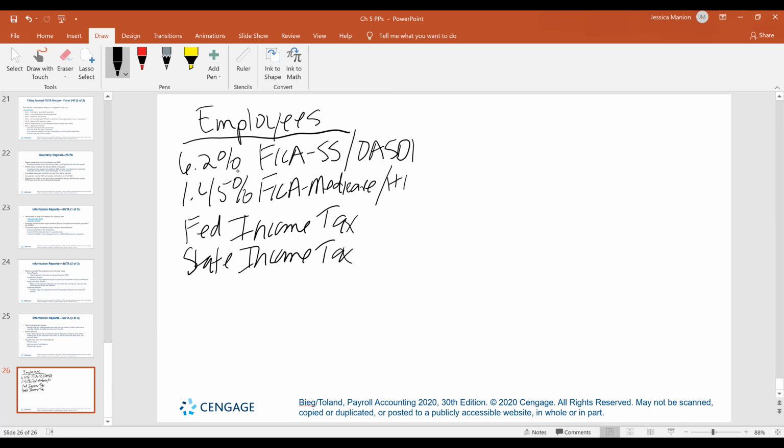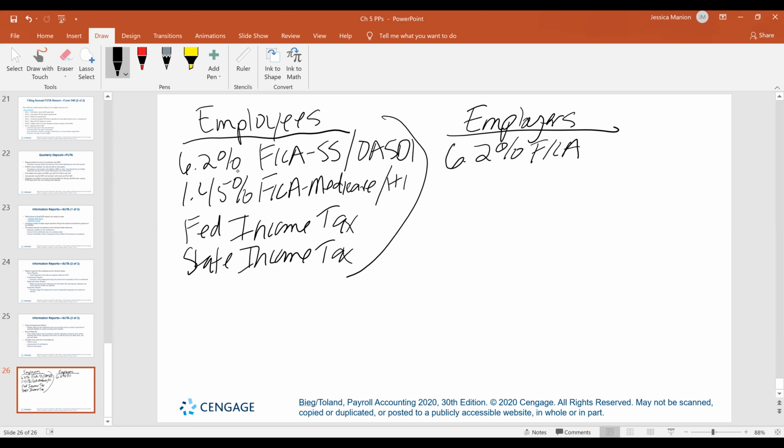So when we think about it, we take employees' gross pay, we subtract out these taxes, and that equals net pay. Employers also have to pay 6.2% FICA, Social Security. They have to match what their employee pays in.